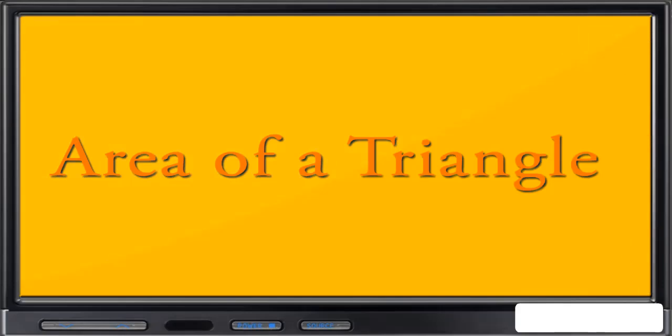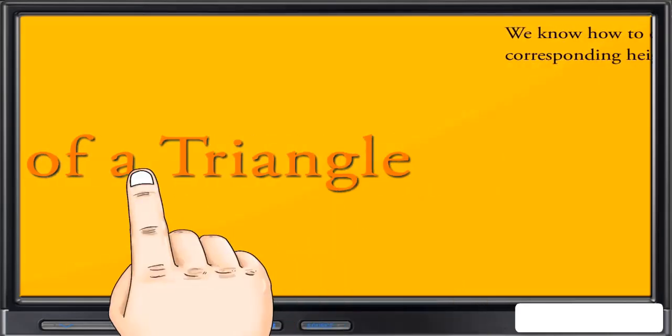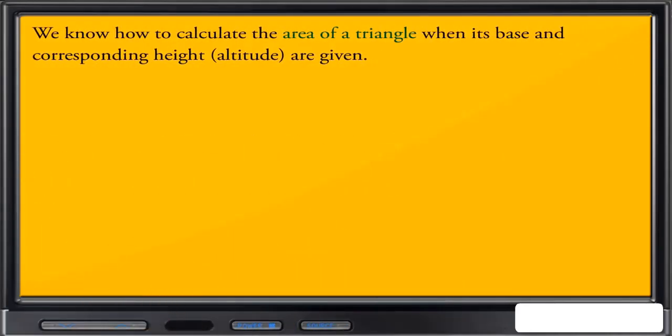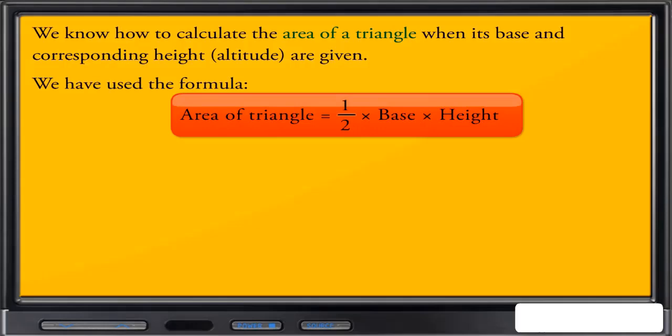In this module, we will learn about the area of a triangle. We know how to calculate the area of a triangle when its base and corresponding height, or altitude, are given. We have used the formula 1/2 into base into height.